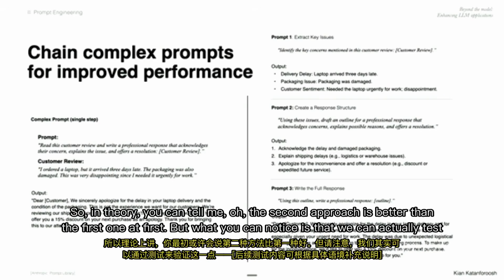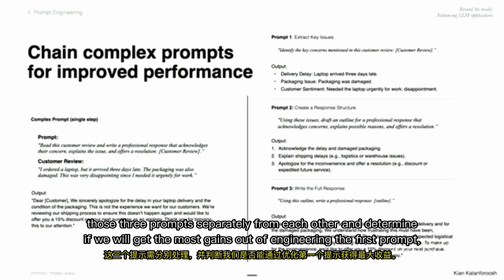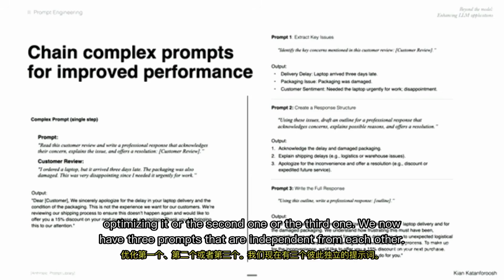So in theory, you can tell me the second approach is better than the first one at first. But what you can notice is that we can actually test those 3 prompts separately from each other and determine if we will get the most gains out of engineering the first prompt, optimizing it, or the second one, or the third one. We now have 3 prompts that are independent from each other.